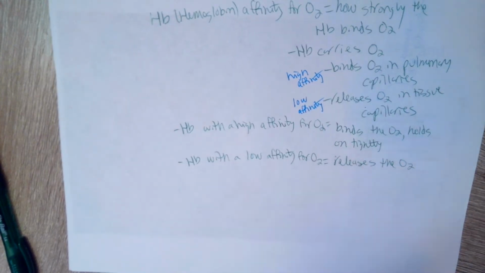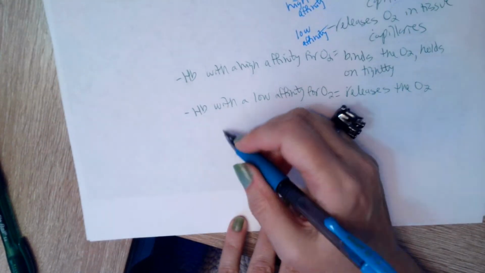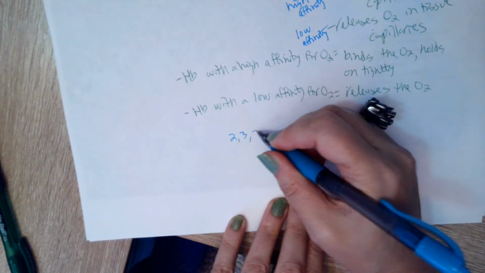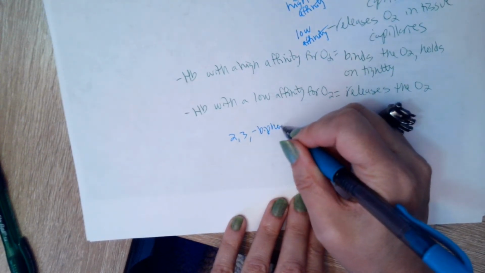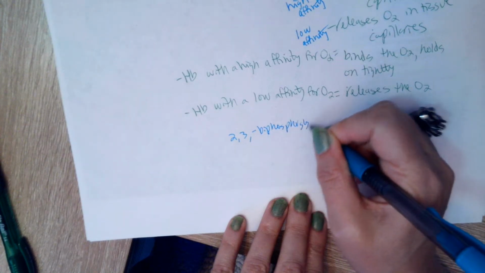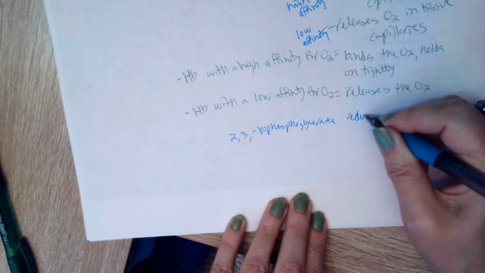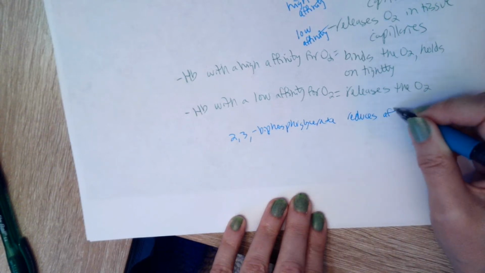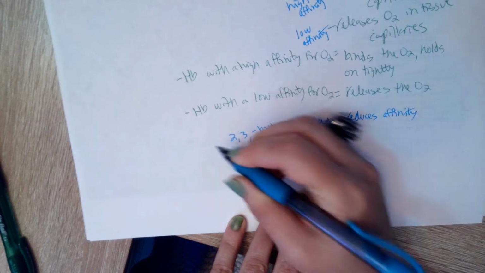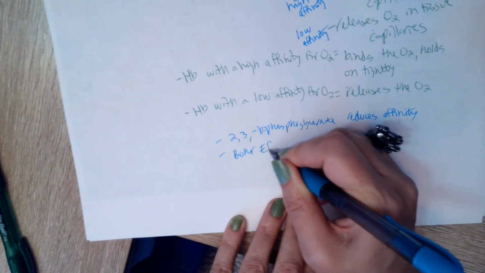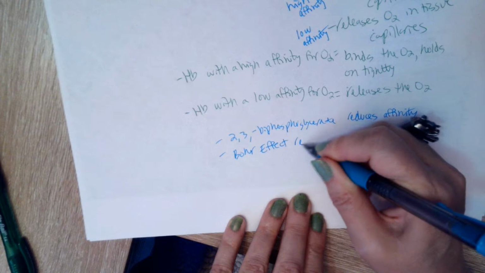Now various things affect the affinity of hemoglobin for oxygen, so things like 2,3 biphosphoglycerate that reduces affinity. The Bohr effect reduces the affinity.